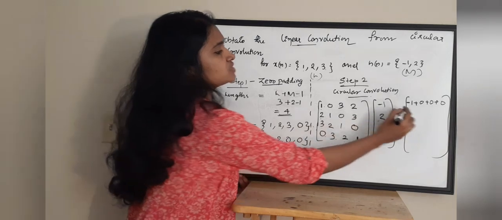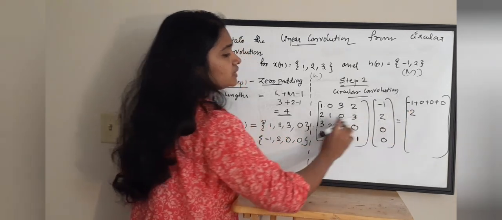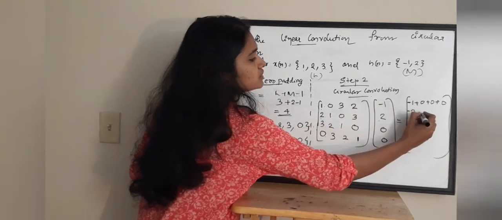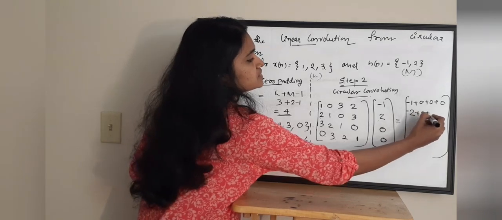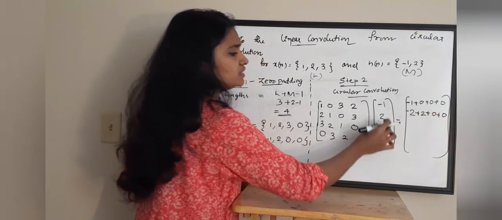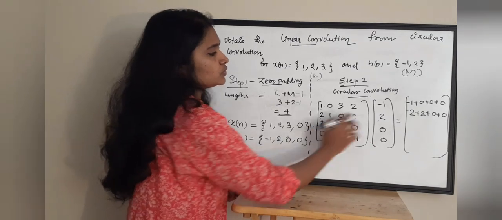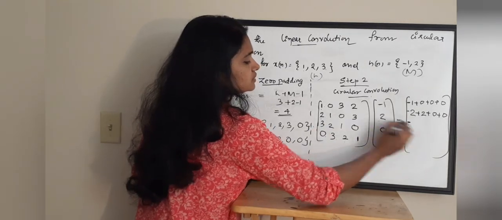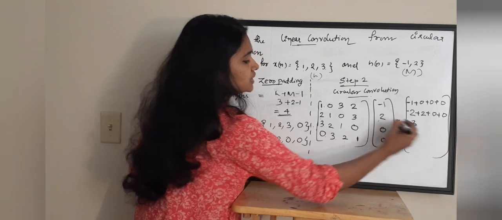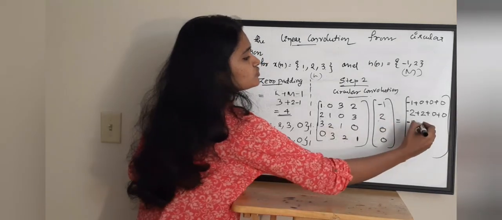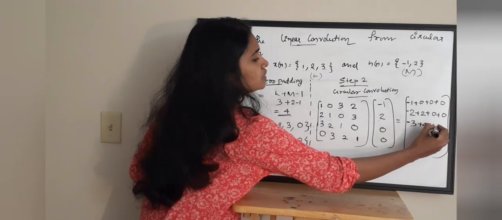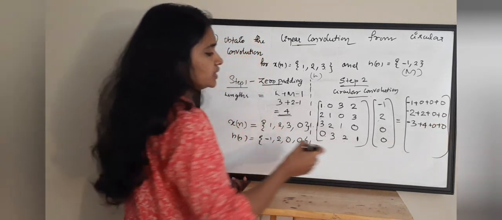So 2 into minus 1 is minus 2, then plus 2 plus 0 plus 0, because anyway the last two elements will be 0 because here it is 0. Now, 3 into minus 1 is minus 3, 2 into 2 is 4 plus 0 plus 0. Okay.